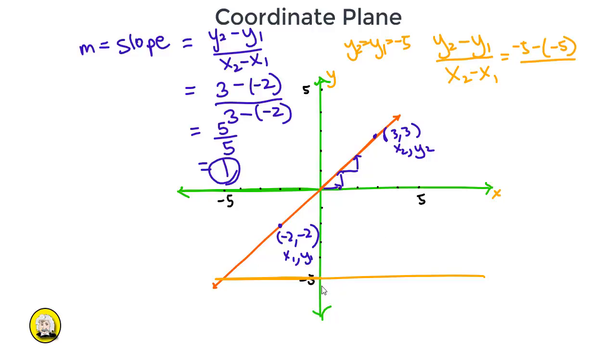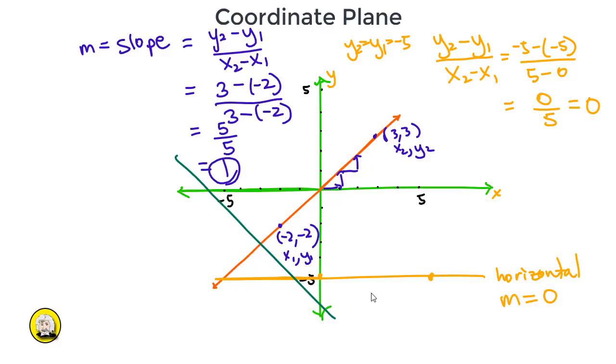And our x2 minus x1 could be anything, depending on the x points we choose. Let's assume we have x2 is 5 and x1 is the origin, or 0. Then my denominator becomes 5 minus 0. That doesn't really matter because 0 divided by anything is 0. So in the case of a horizontal line, your slope will always be 0.